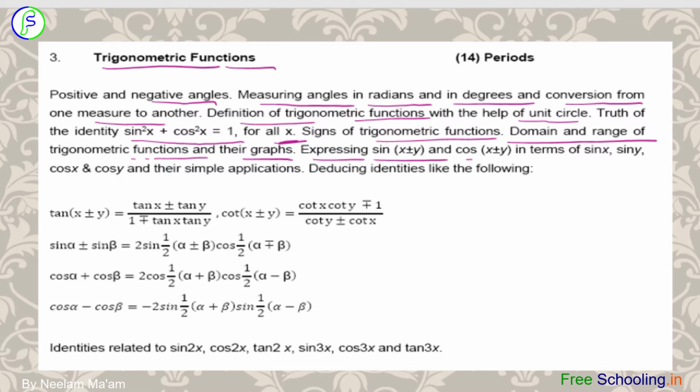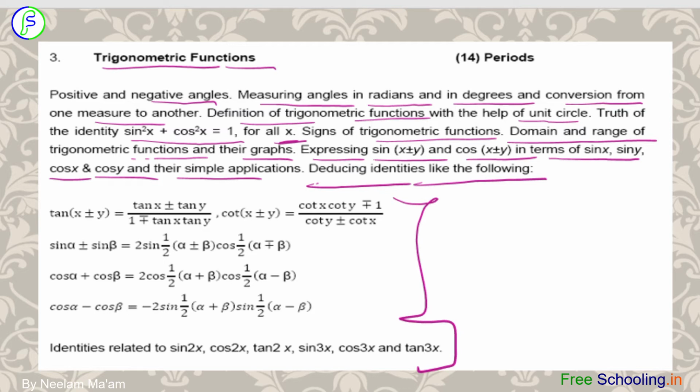Expressing sin(x plus y) and cos(x plus y) in terms of sin x, sin y, cos x and cos y, and their simple applications, and deducing identities like the following. So this is the content you're going to cover in this chapter, trigonometric functions.